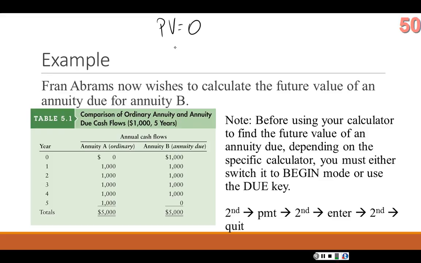We're wanting to calculate the future value. N is 5. The interest rate here, we're going to assume is the same interest rate, which was 7. And the payment is $1,000.